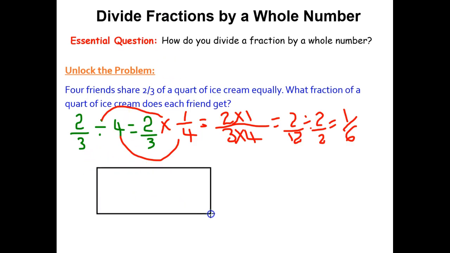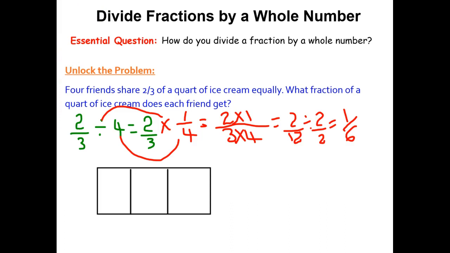So here we have a rectangle, which I'm going to cut into 3 equal parts because of the 2/3, 3 equal parts. 1, 2. So now you have the 3 equal parts, and there's 2 in the numerator, so that means that 2/3 of that is shaded.